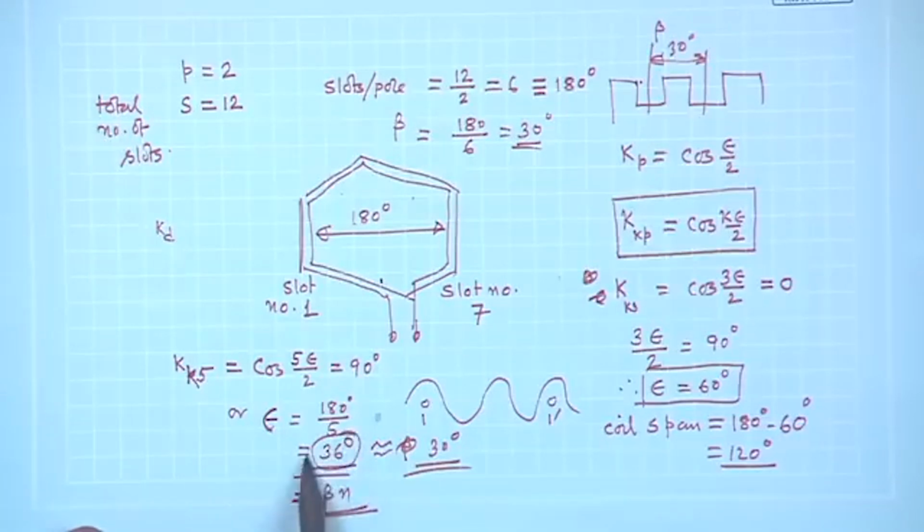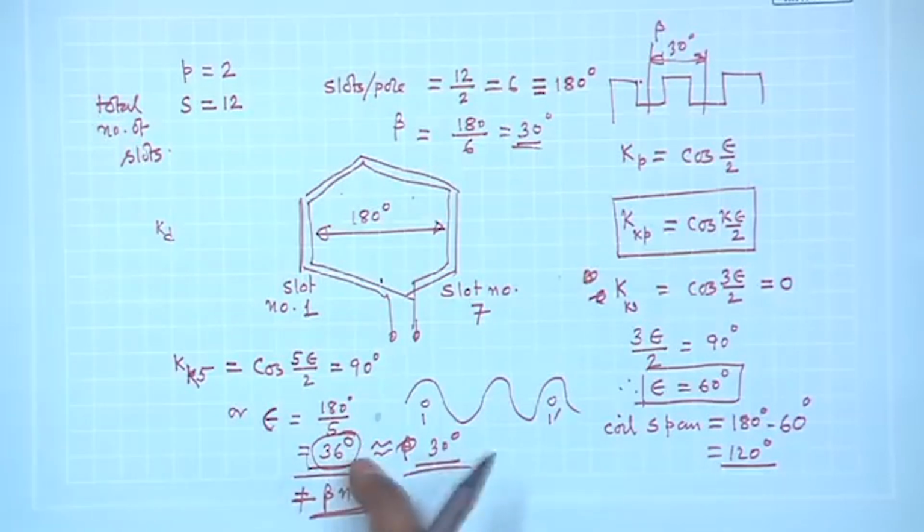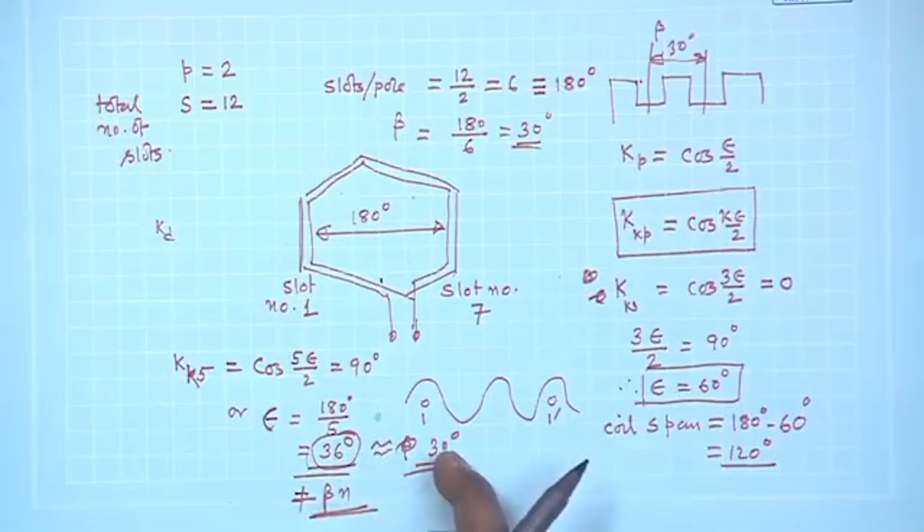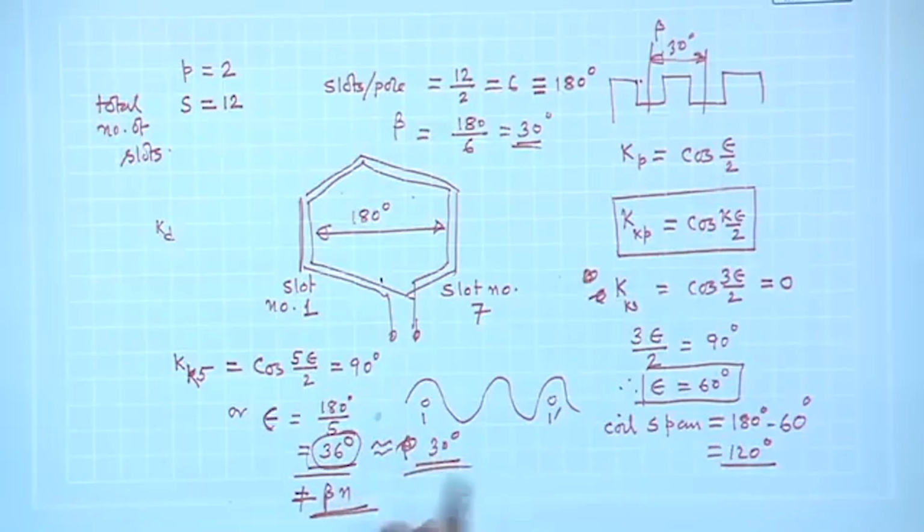Then see this 36 degree, the nearest multiple of beta is close, 30 degrees, 60 degrees will be too high a value. So the closest value of beta n is 30 degree, that is n equal to 1, it is an integer.